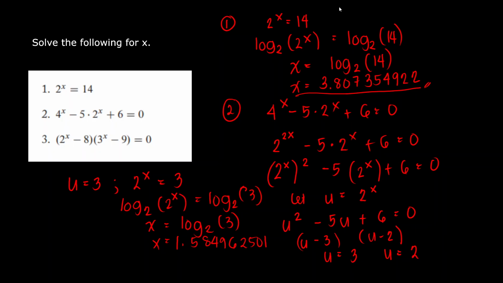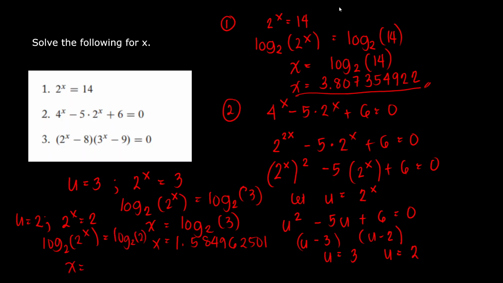Okay, we have one more. u is equal to 2. So our u, 2^x, is equal to 2. So log base 2 of 2^x is equal to log base 2 of 2. Okay?